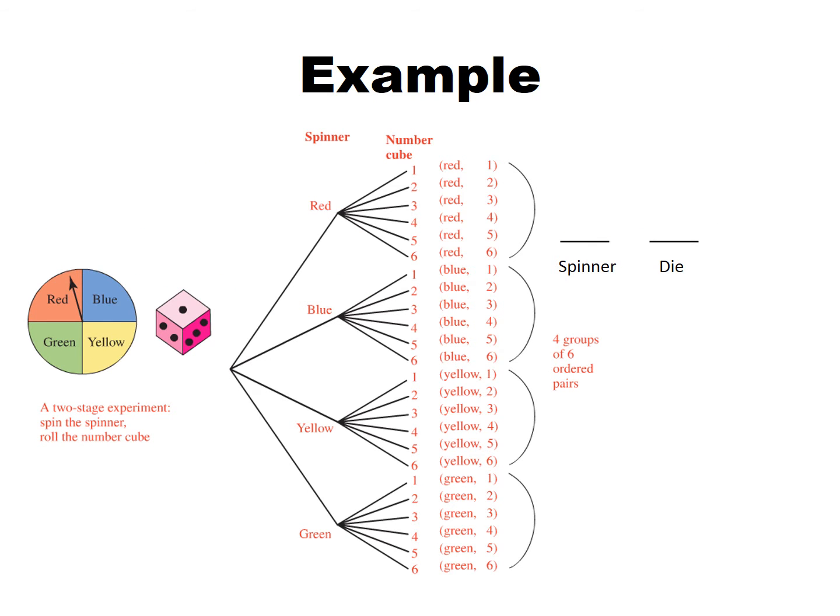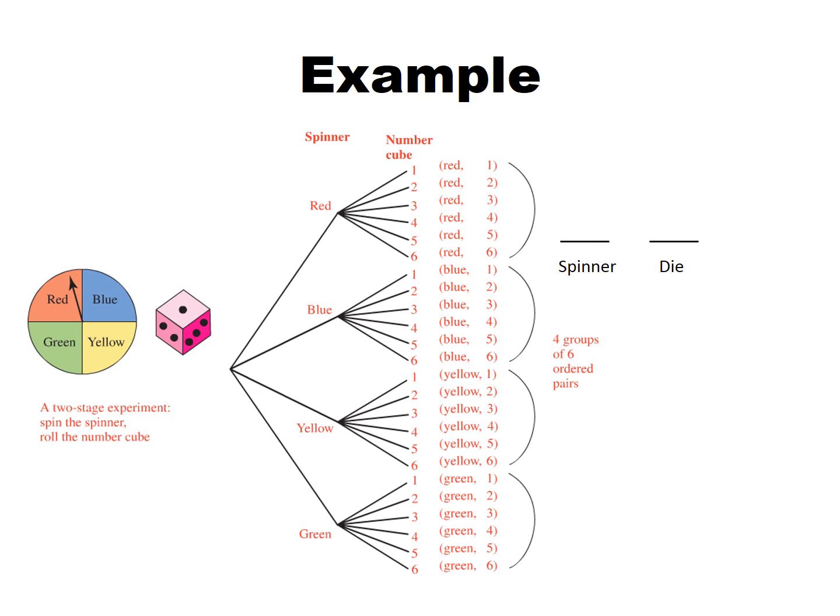Let's go back to this example and show an easier way of applying this fundamental counting rule that doesn't require us to list all of these possibilities. The way I like to do this is to start off by drawing two blanks and label the first blank as the first sub-experiment, the second as the second sub-experiment. So we have the spinner and the die.